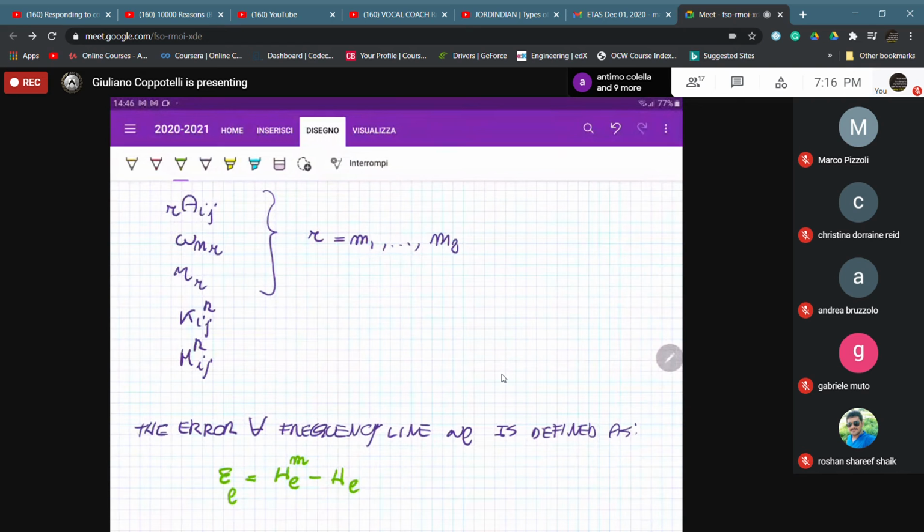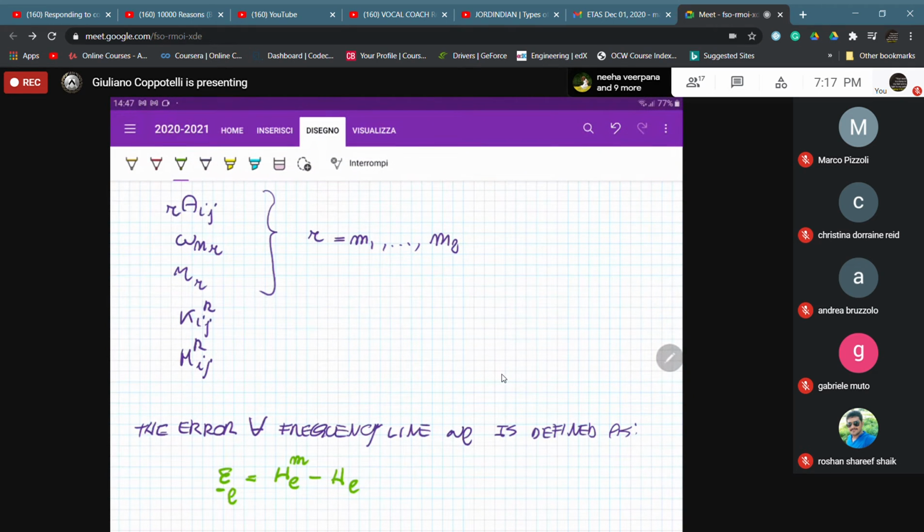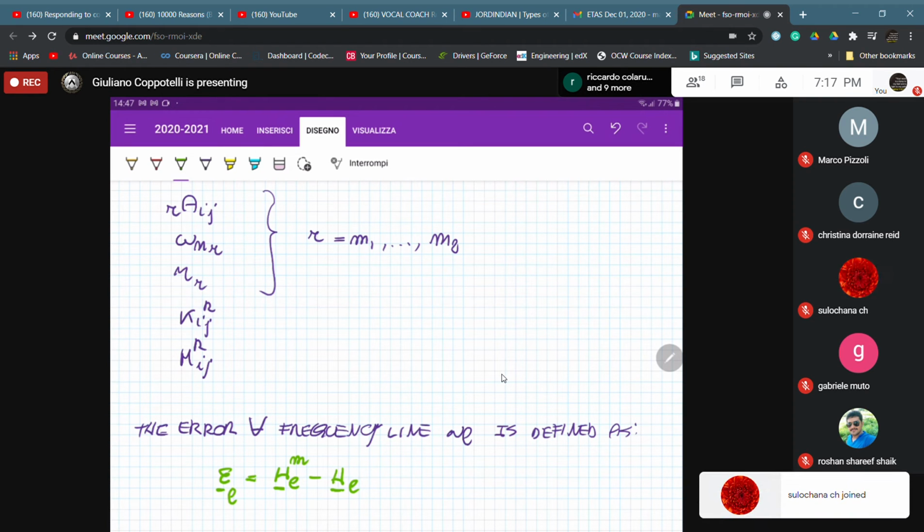Because we have many possibilities in choosing the coupling ij, that is the pair of input and output, these are vectors. So you can broadcast all this information for each vector. So epsilon is a vector of errors, and H, of course, is a vector as well.